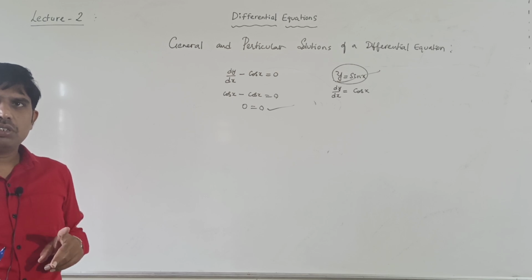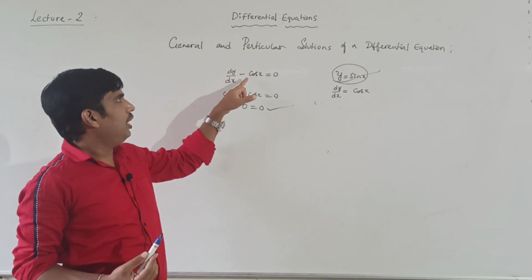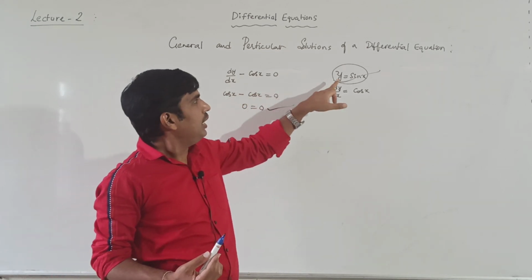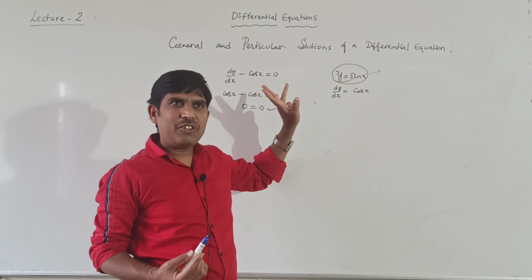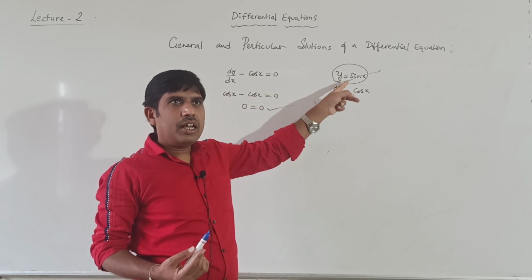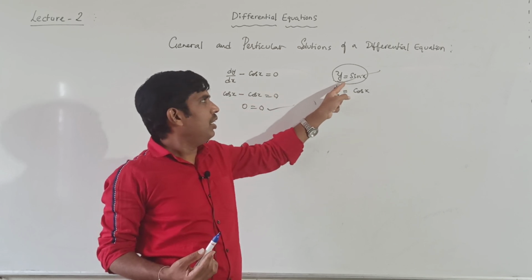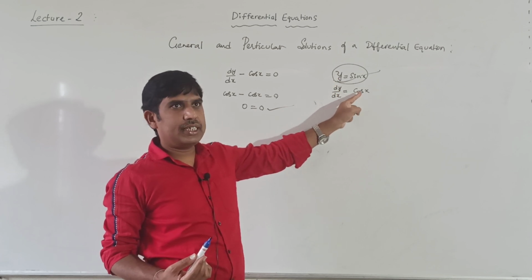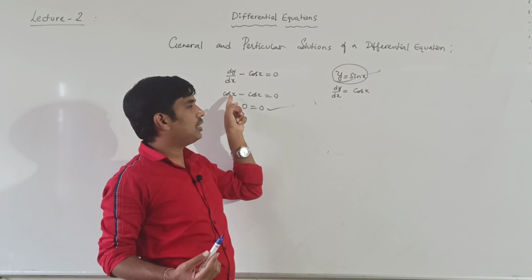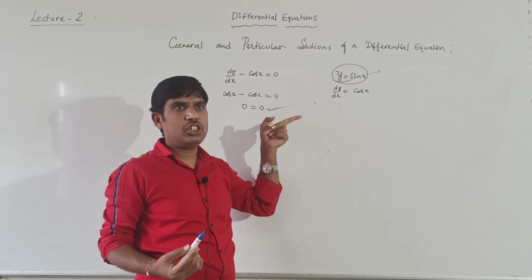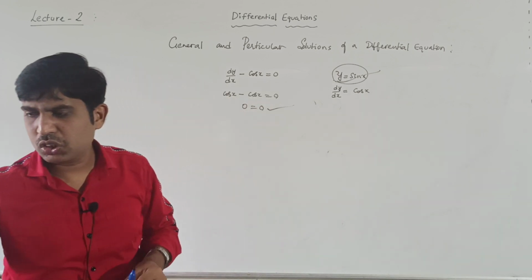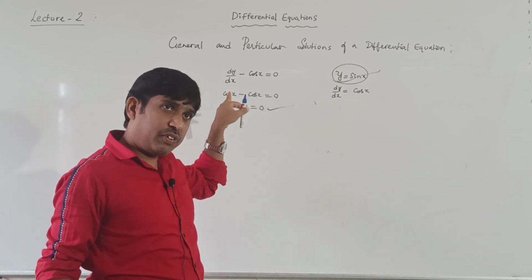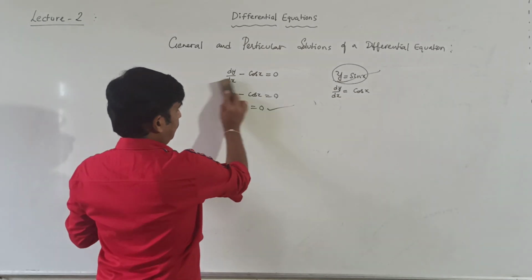Understood? For the given differential equation, we have to verify whether it is a solution or not. Differentiate, then we get dy by dx is equal to cos x. Replace it here: cos x minus cos x is 0. 0 is equal to 0, LHS is equal to RHS. Hence it is a solution for the given differential equation.